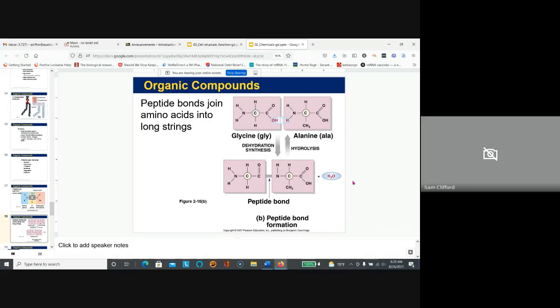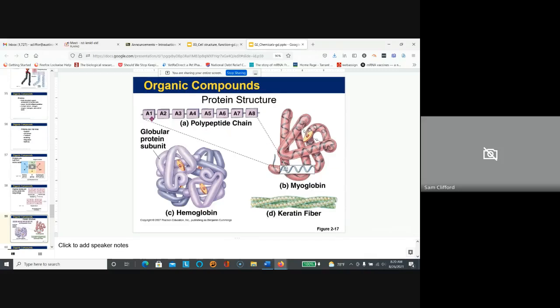If you connect amino acids in long chains, which amino acids are present determines the shape and the activity. So the shape of the protein determines its activity. Depending on which amino acids are joined together and the number of amino acids, you can make hemoglobin, which carries oxygen in the red blood cells.